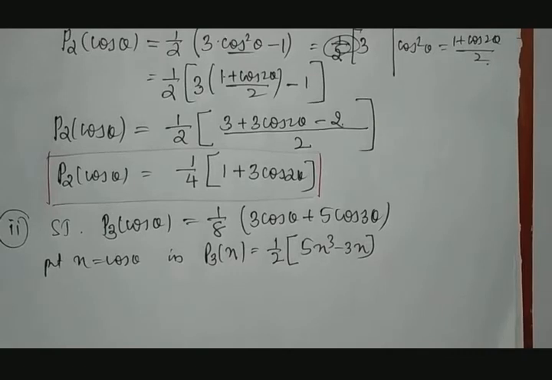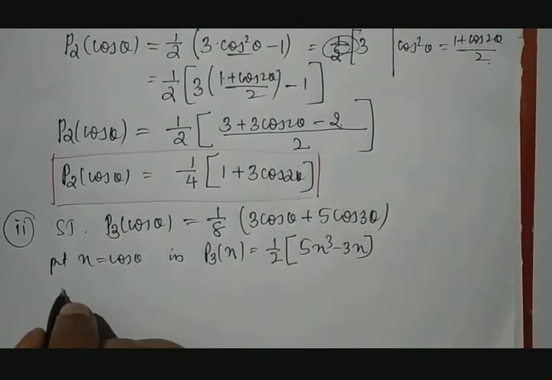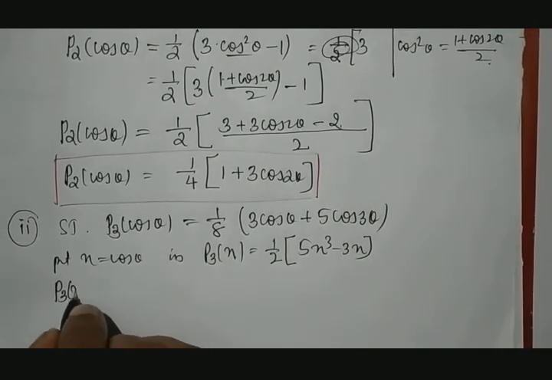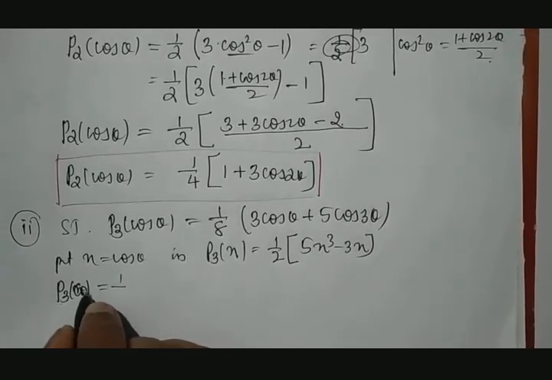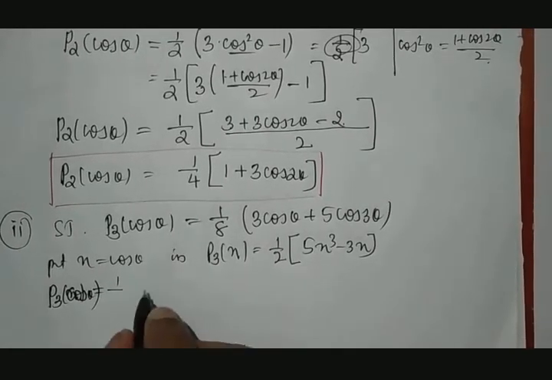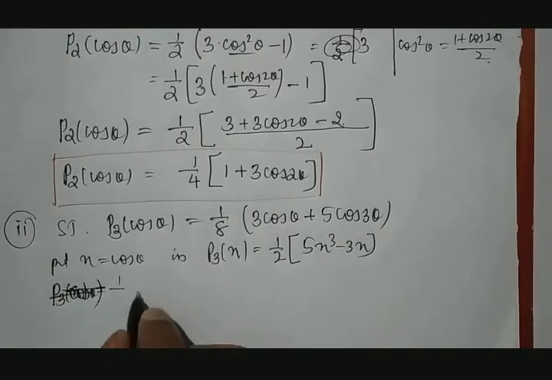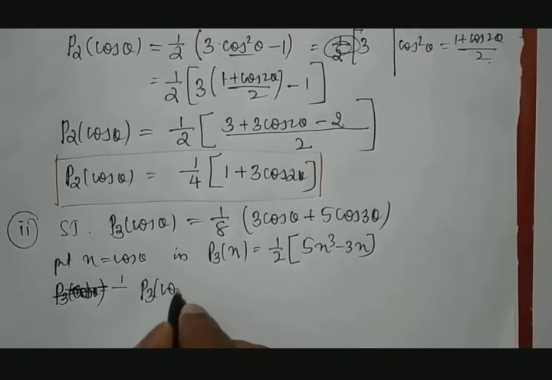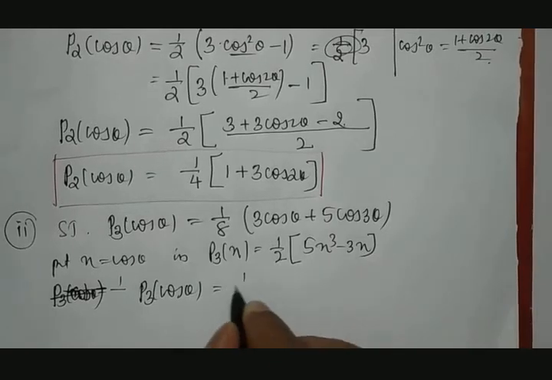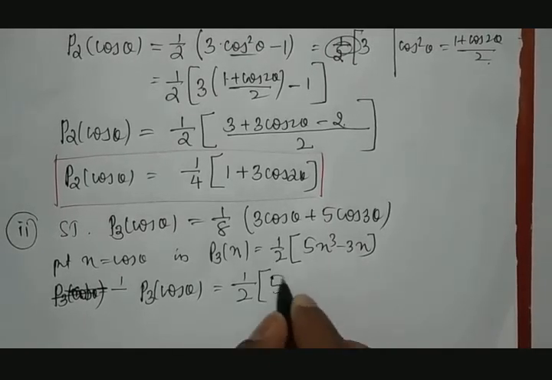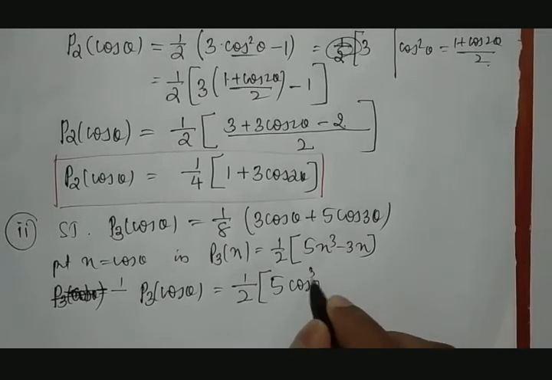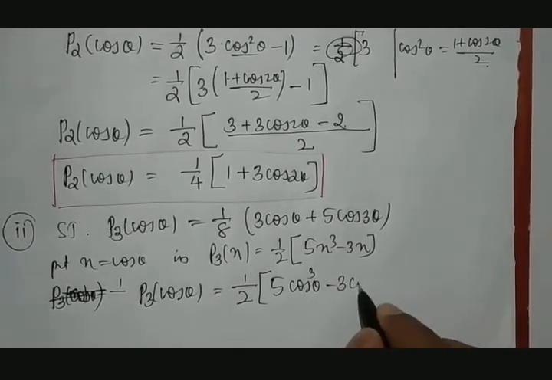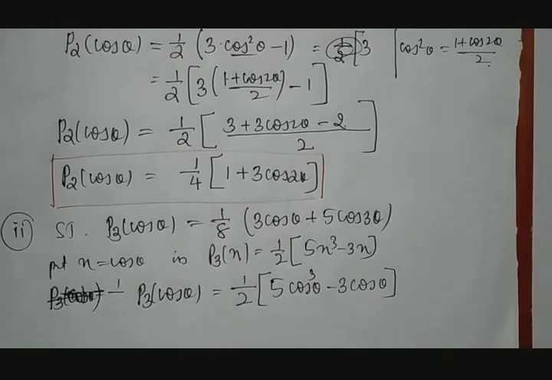Let us substitute and calculate. Then we get P3 of cos theta is equal to 1 divided by 2 into 5 times x cubed. x is nothing but cos theta, so it is cos cubed theta minus 3 into cos theta.